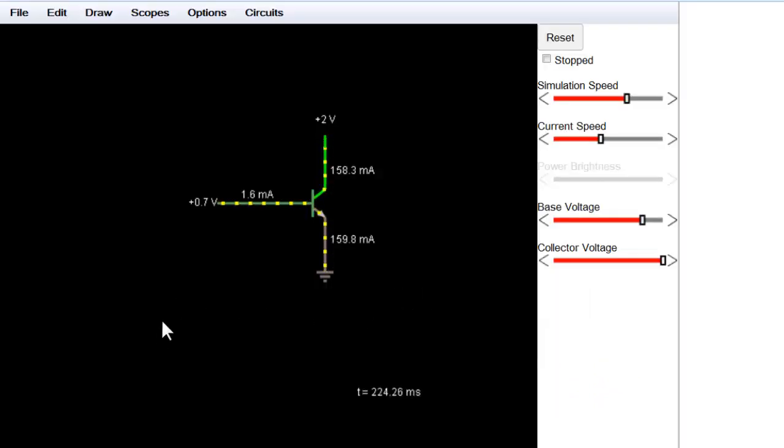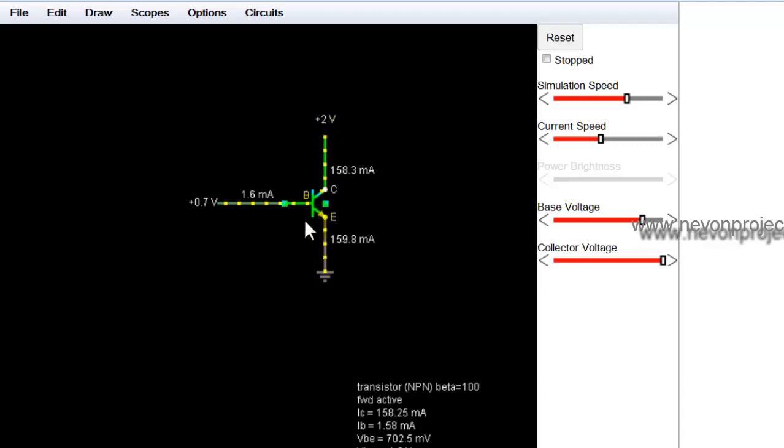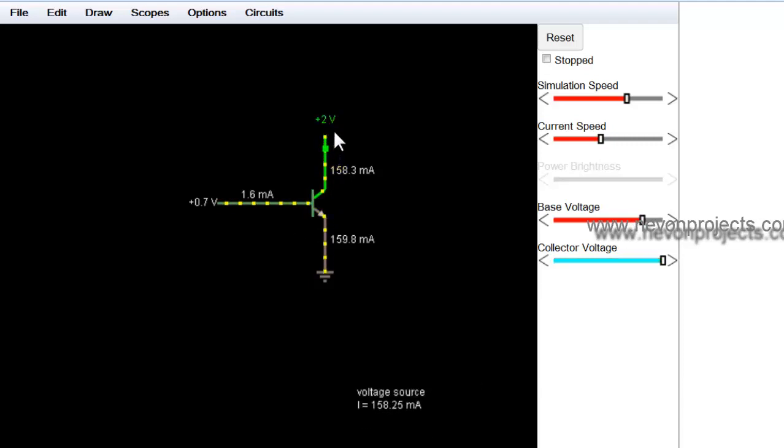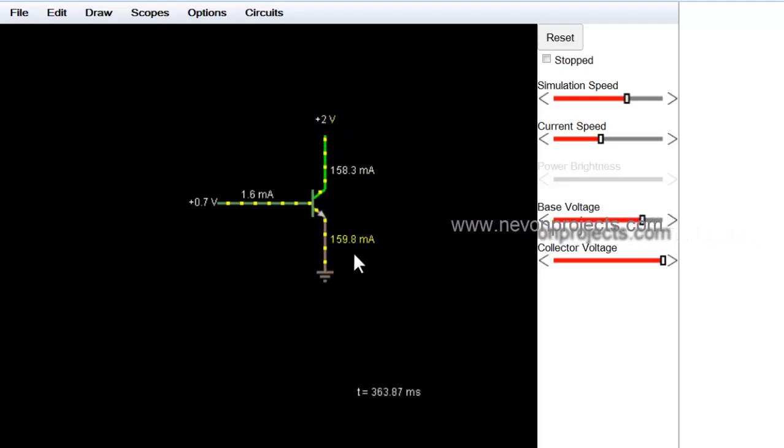Now this is the simulation of an NPN transistor. We have this as the base, this as the emitter, and this is the collector. The collector is connected to a 2 volt supply, which is to be given to the other device, which will be connected either over the collector or over the emitter.